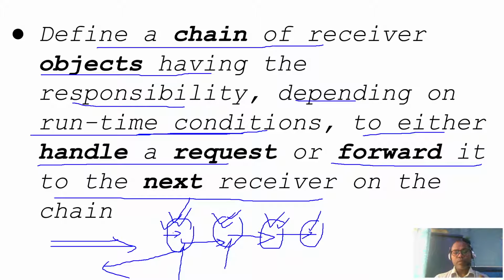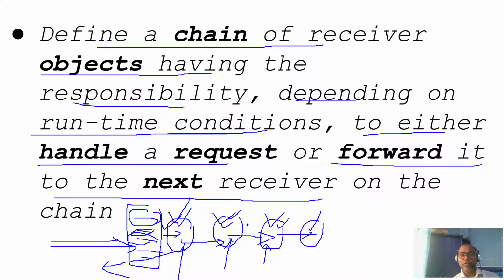Chain of responsibility says that instead of writing one receiver that does everything, handling different types of requests, each request handler should be a separate object, and we make a chain so that one receiver object can handle only one kind of request, and another receiver object can handle a different specific request.